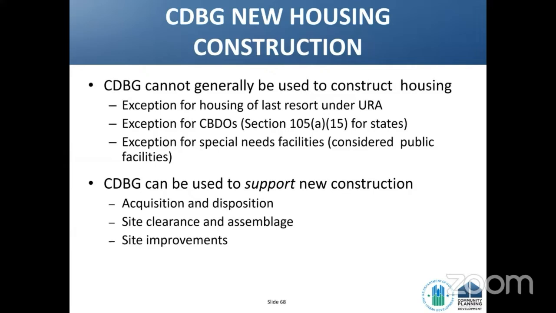Also, another way that housing can be constructed with CDBG is for the housing of last resort under URA. If there's nowhere to move people that are being displaced because of URA, because perhaps where their buildings are being torn down and rebuilt, or they're doing extensive rehabilitation, whatever it is, and people have to be relocated, which is also statutory.